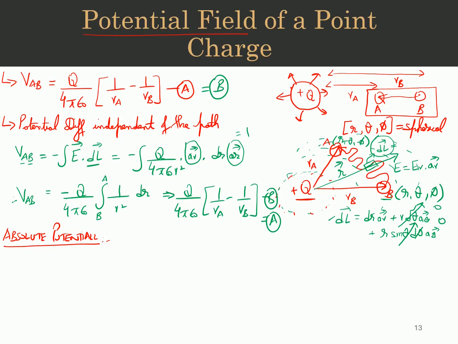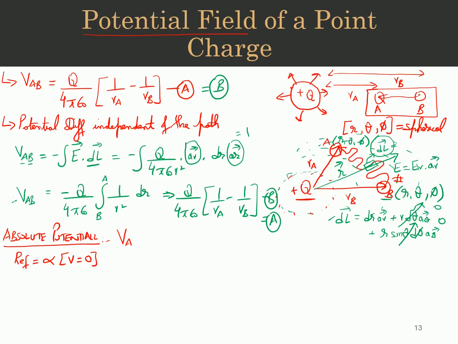So the potential of any point, even for this irregular path as we have shown over here, should remain the same, because for the absolute potential we normally take the reference at infinity where the voltage is taken as 0, and this reference point is the point used to define the work done in moving the charge from the reference to any point inside the electric field.